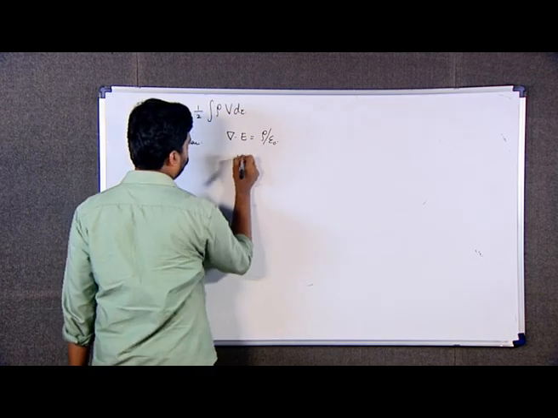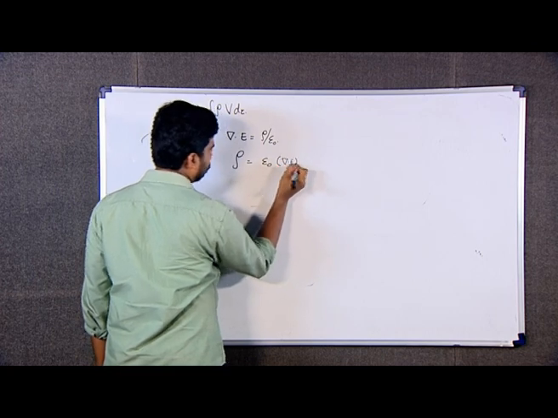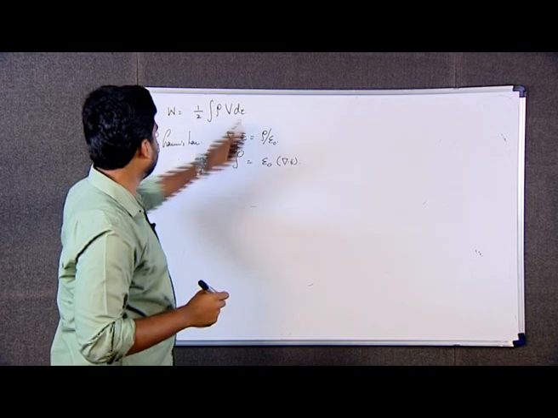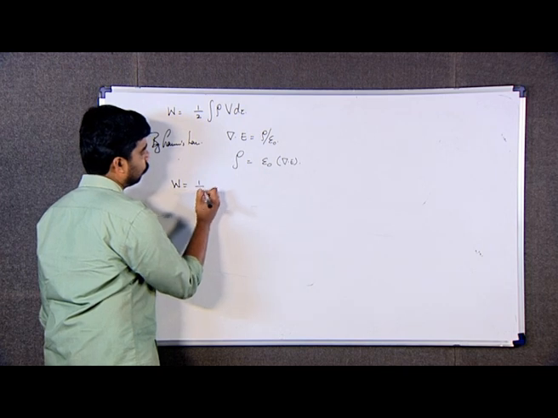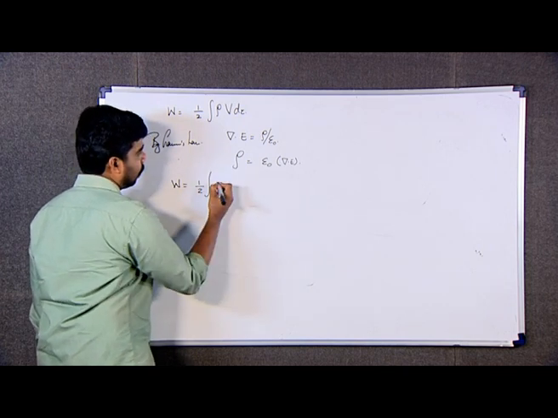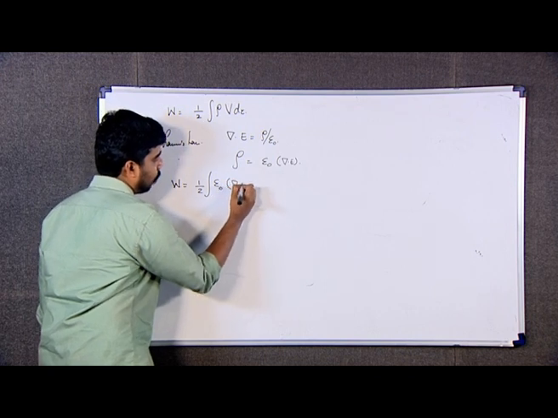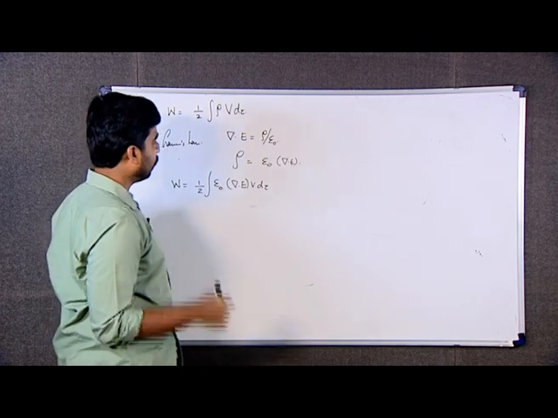That means rho is equal to epsilon 0 into del dot E, right. So, I am substituting this value here: W is equal to half into integral epsilon 0 into del dot E, V d tau.